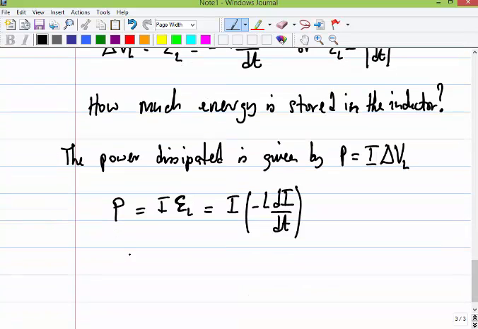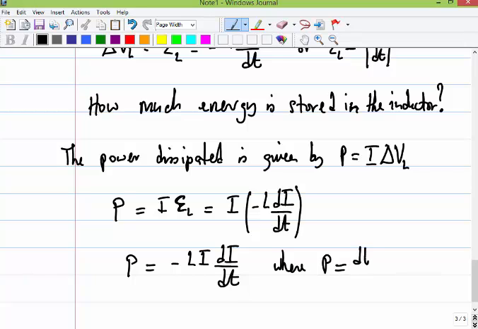So the power in the inductor is going to be equal to minus L i di/dt, where we can replace power in order to find energy. We know power is the energy per unit time, or the rate at which work is done. So this is the energy used in the inductor per unit time.